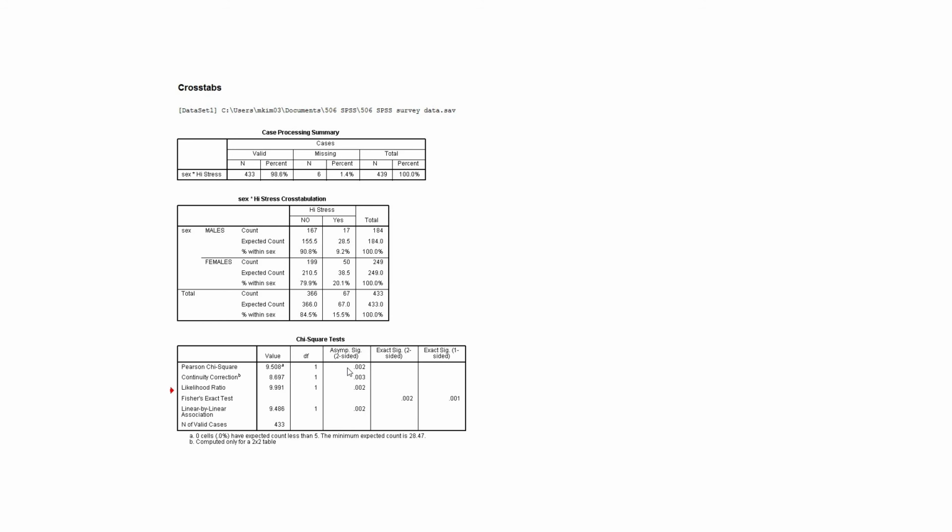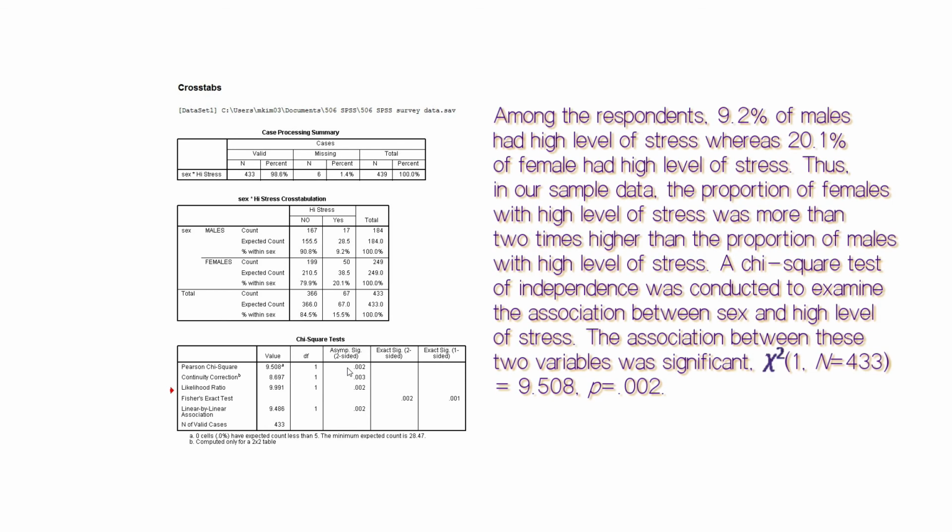And before we wrap it up, I'm going to show you how to report the output. So here's my writing. Among the respondents, 9.2% of males had high level of stress, whereas 20.1% of females had high level of stress. Thus, in our sample data, the proportion of females with high level of stress was more than 2 times higher than the proportion of males with high level of stress.